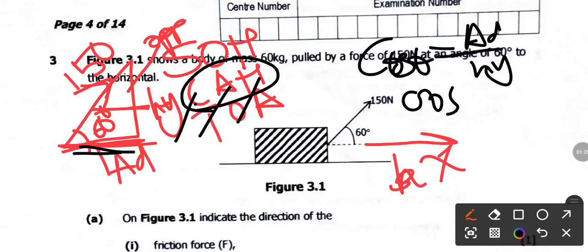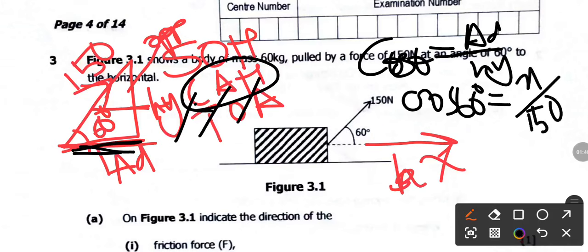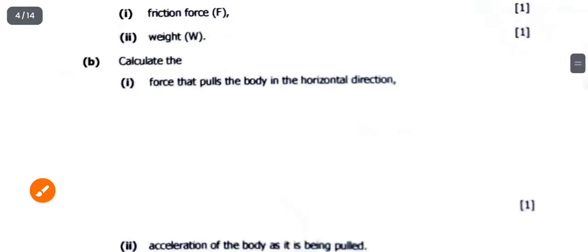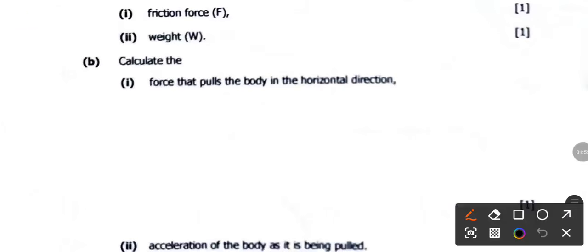Cos theta here, the theta is 60 degrees, is equal to the adjacent, that's what we want, and we are representing it with the letter x, over the hypotenuse, which is a value of 150. So if we multiply this and that, we'll have x being equal to 75 Newton. Okay, so the size of the horizontal force was 75 Newton.